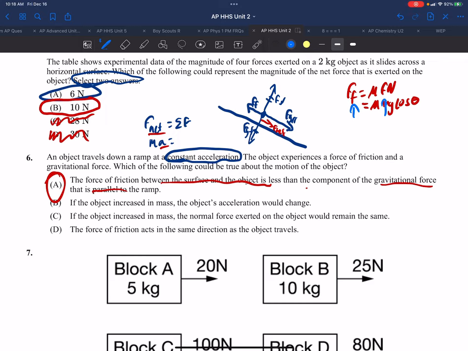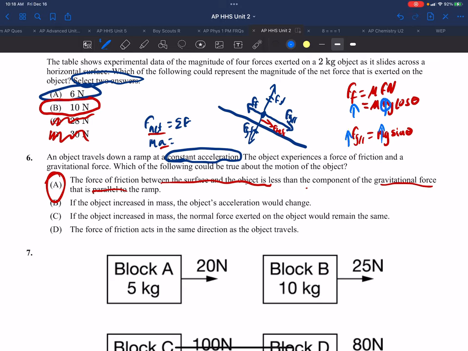But if we look at the force of gravity parallel, that is mg sine theta. So if we increase the mass, we are also increasing Fg parallel.